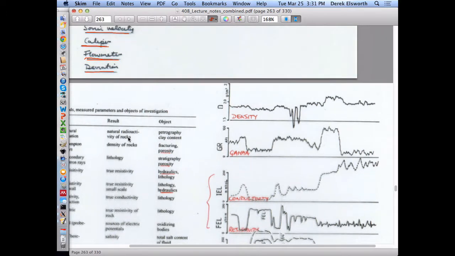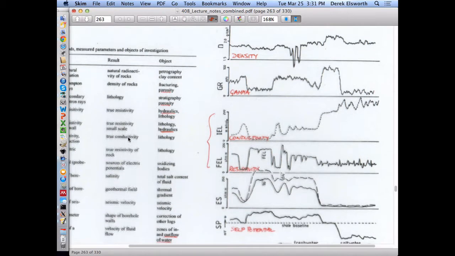And so typically you'd measure each of these signals. Depending on what you want to figure out, you could measure gamma rays if you're looking for aquicludes. You might measure acoustic measurements because clays would have lower seismic velocities than sandstones, for instance. But usually the interpretation relies on having a bunch of these signals that together, when you look at them in the ensemble, you can make discriminations as to what the lithology is as you go in depth. And that's basically what's done. So you run a density log and look at density changes.